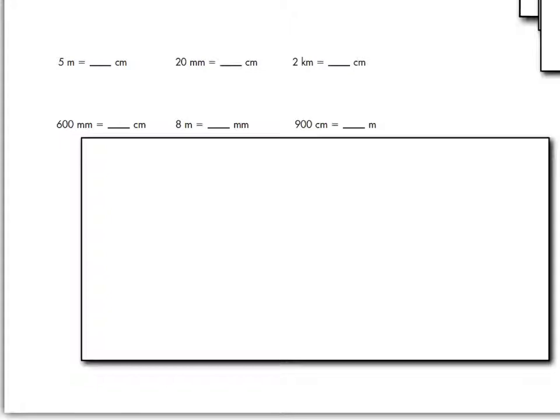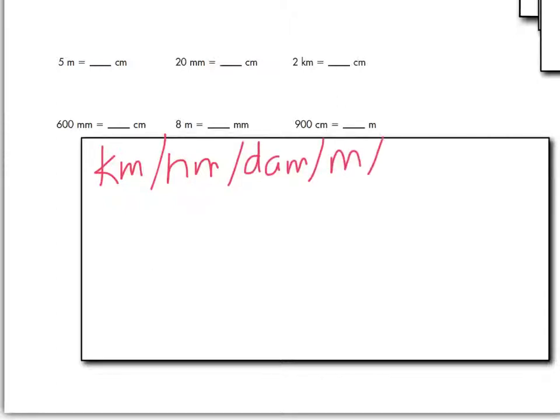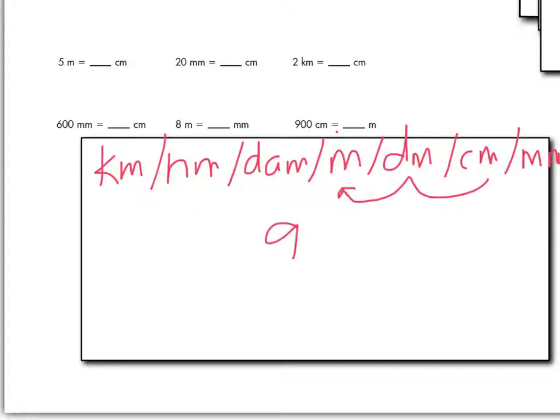Last practice one, from centimeters to meters. I'm going to use my chart again. Kilometers, King Henry doesn't usually, which is meters, drink, chocolate, milk. And I'm going from centimeters to meters. 1, 2 to the left, 900.